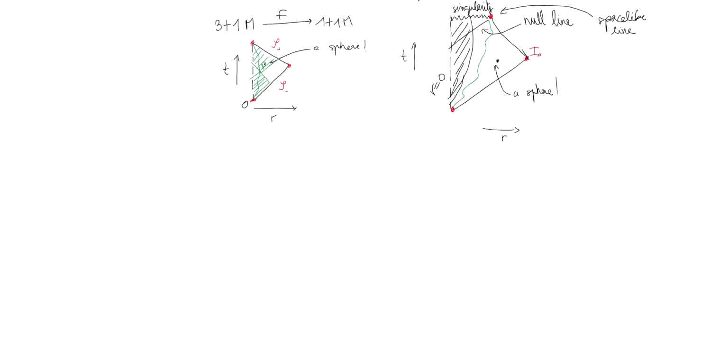An extra example that we can discuss, still with the Schwarzschild Penrose diagram, is that whether or not you fall feet first into the black hole, you will never see your feet hitting the singularity.